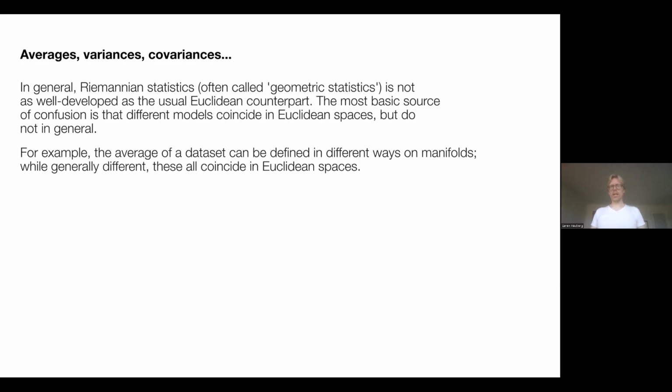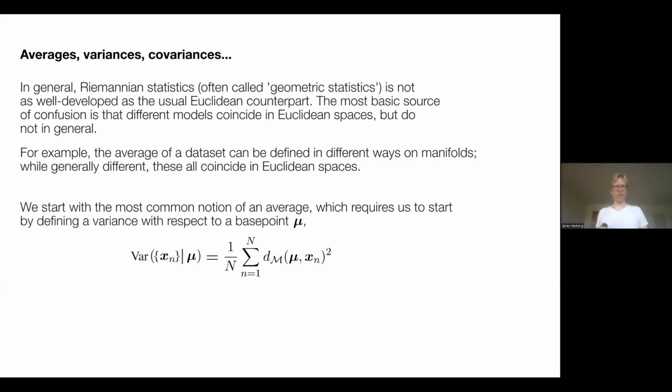So let's look at the average of a set of points that are on a manifold. And then we will try to derive a notion of an average on manifolds. We'll start with the most common version, the one that people actually use, which starts off with the idea of defining the variance of a set of points with respect to a base point.